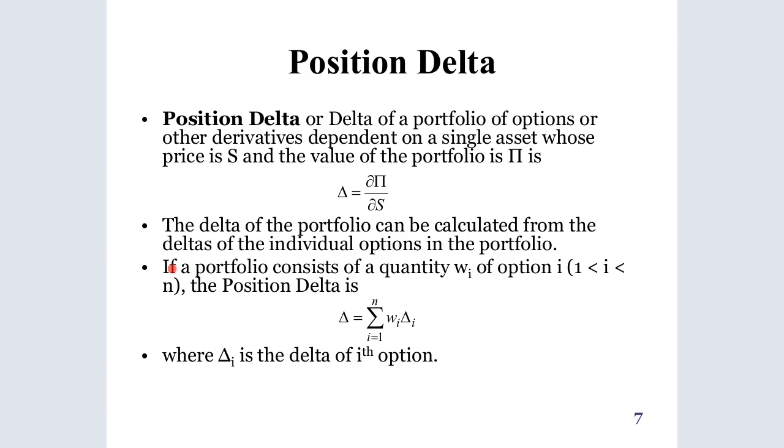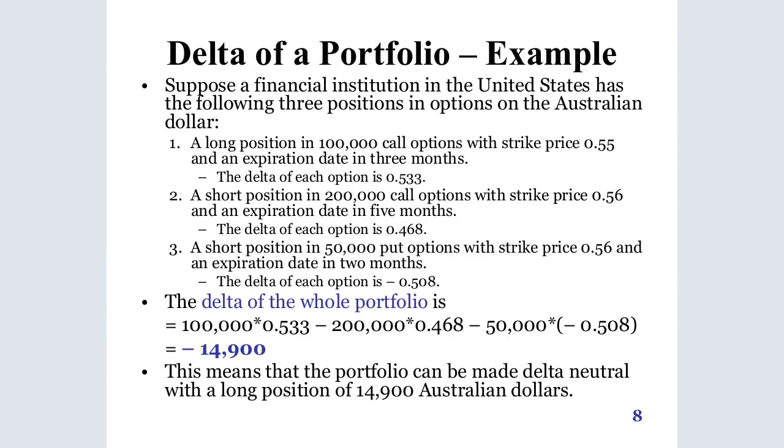So I calculate the individual deltas. Let the portfolio consist of w_i quantity of option i. Then delta_i is the delta of option i, and the position delta is the summation of w_i delta_i. That's a straightforward, simple thing.